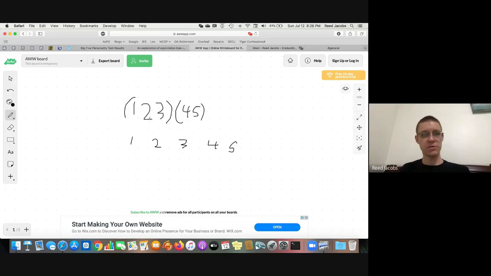So this says 1 goes to 2, and then 2 goes to 3, and then 3 goes back to 1. And this other cycle says 4 goes to 5, and 5 goes back to 4. So it just swaps 4 and 5. And you can see how the cycles are disjoint, and that you don't have any lines crossing from these 3 numbers over into these 2 numbers.